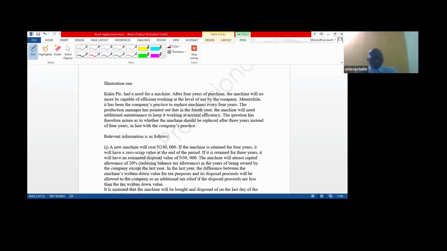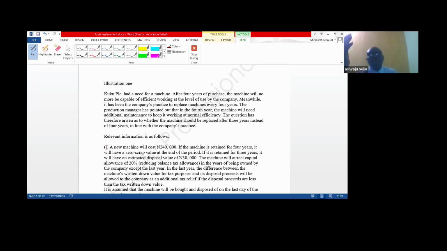The production manager has pointed out that in the 4th year, the machine will need additional maintenance to keep it working at normal efficiency. The question has therefore arisen as to whether the machine should be replaced after 3 years instead of 4 years, in line with the company's practice.